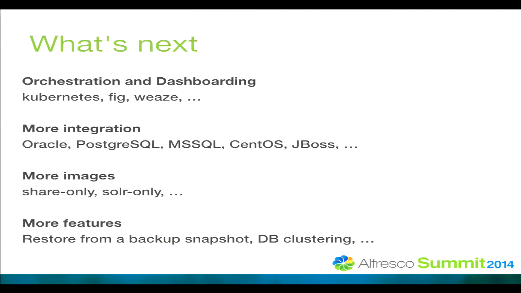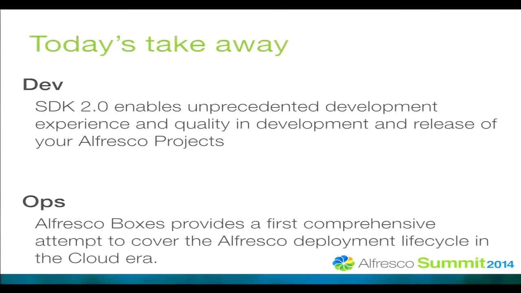I would like to integrate with more products and more images, showing Share-only, Solr-only, community-driven images to share with the rest of the community. That's all for me. I'm back to Gab.